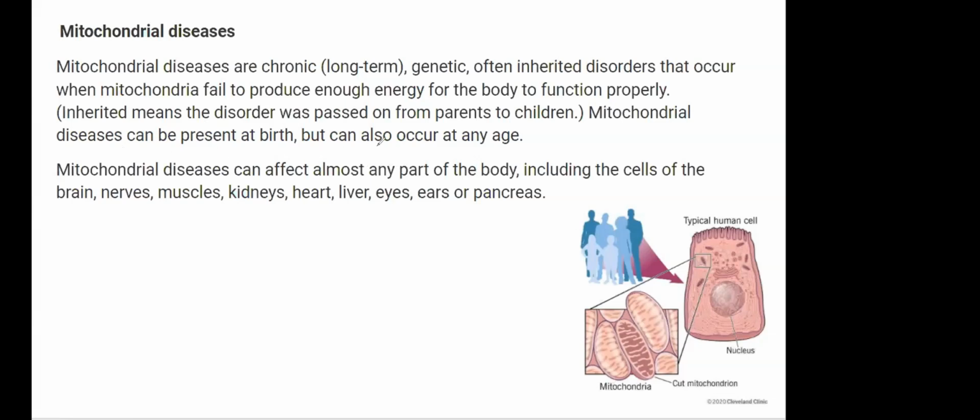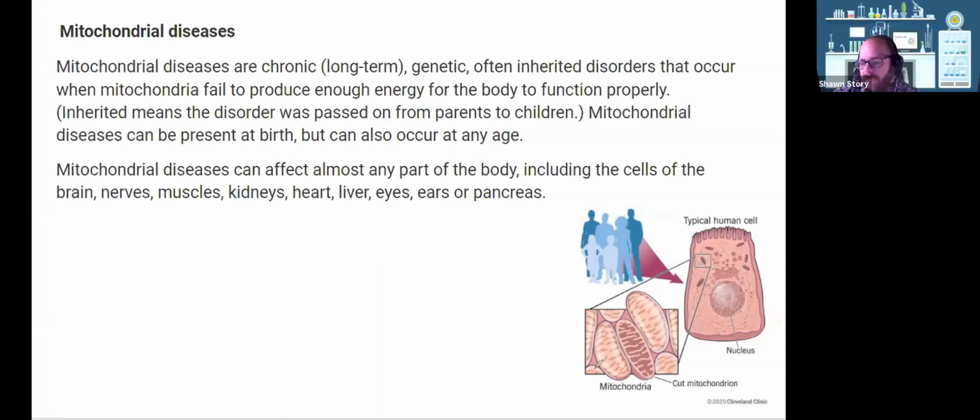Inherited means the disorder was passed on from parents to children. Mitochondrial diseases can be present at birth, but can also occur at any age. Mitochondrial diseases can affect almost any part of the body, including the cells of the brain, nerves, muscles, kidneys, heart, liver, eyes, ears, or pancreas.